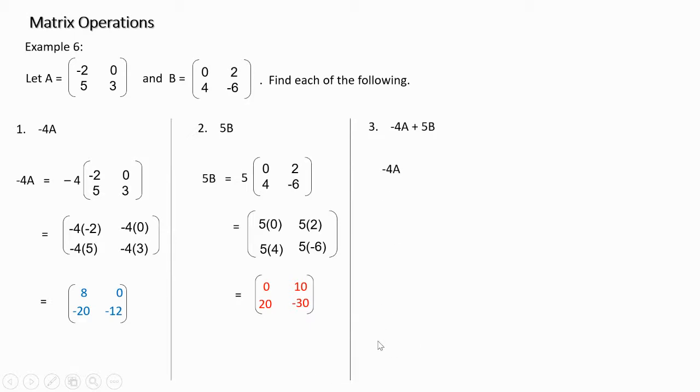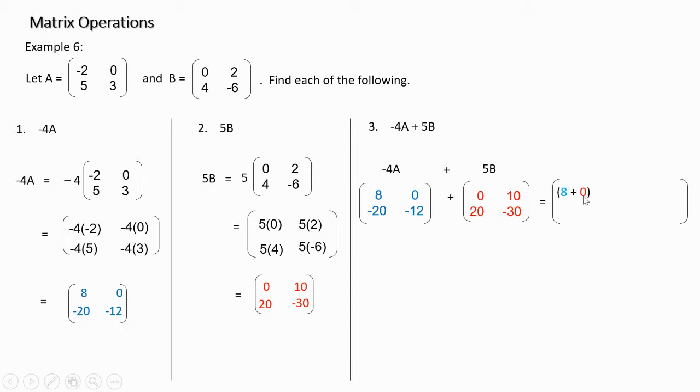Now let's put them together. So negative 4A, wasn't this my answer here? 8, 0, negative 20, negative 12, plus 5B was 0, 10, 20, negative 30. Now we apply the property that we learned earlier with adding matrices.